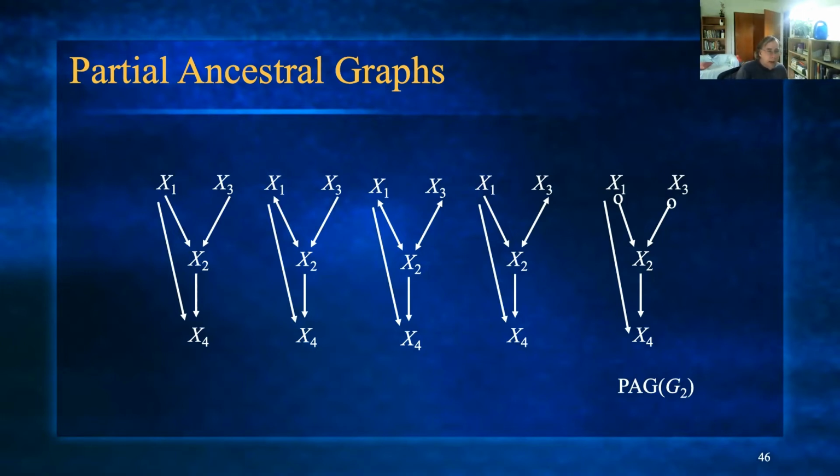So if all of these variables were discrete and we were looking at a multinomial distribution, it turns out that the set of parameters that you need in order to pick out a particular distribution from the equivalence class of distributions represented by the PAG is something which has an enormous number of parameters if you have any cluster of bidirected edges which form a clique. So basically that gets to be very messy.